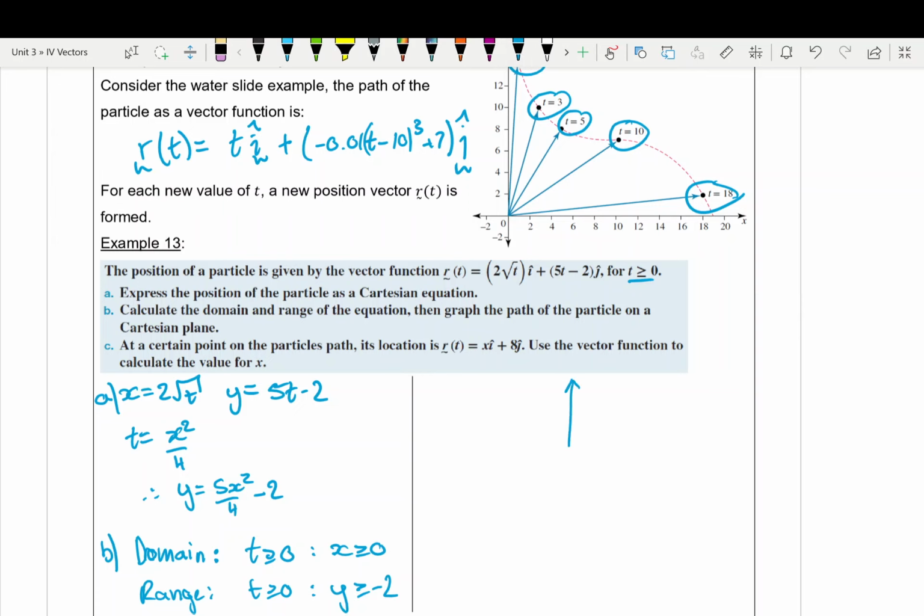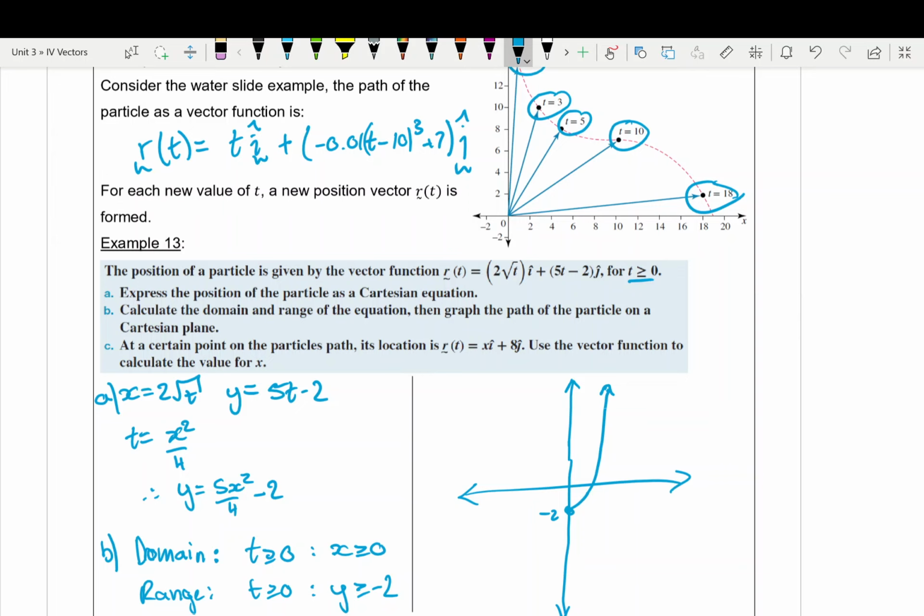So I'm going to do a pretty sloppy Cartesian plane drawing here, because I've been having issues with my stylus. It's going to go from negative 2, and then it's the function y equals 5x squared on 4 take 2. So it is a parabola. It's coming up like that.